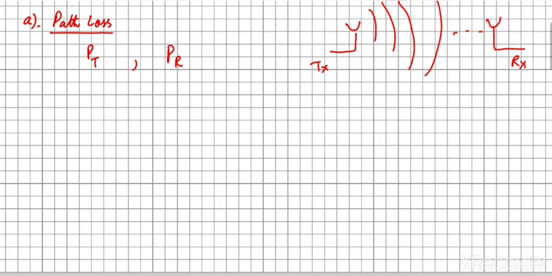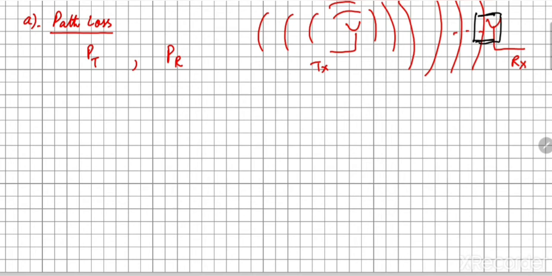PR, the received power, will be lower than the transmit power because a lot of the power is also radiated in other directions, and only a fraction of the power that is radiated towards the receiver is captured by the receive antenna.